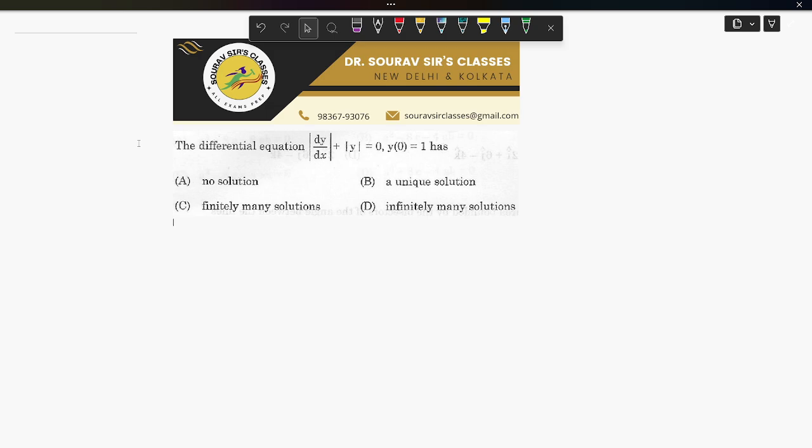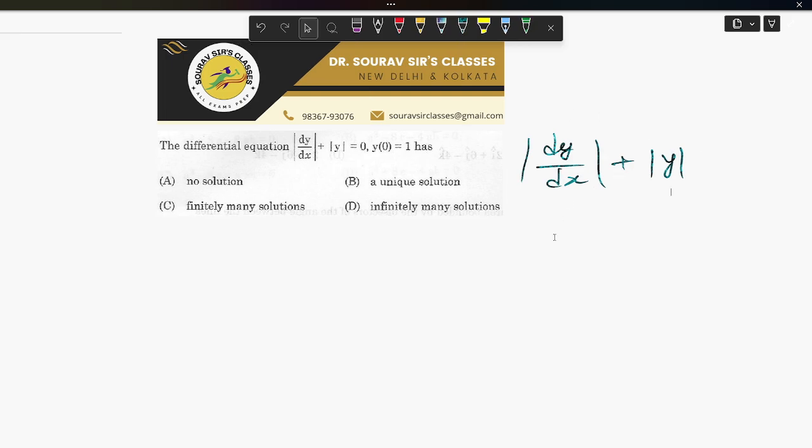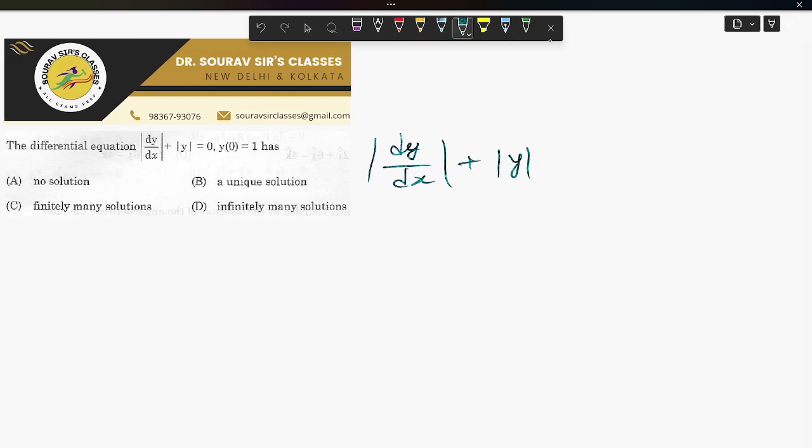The sum of two absolute values, that is |dy/dx| + |y|, is always non-negative. That means it will always be greater than or equal to 0. We know that. So the equation states that their sum must be equal to 0.